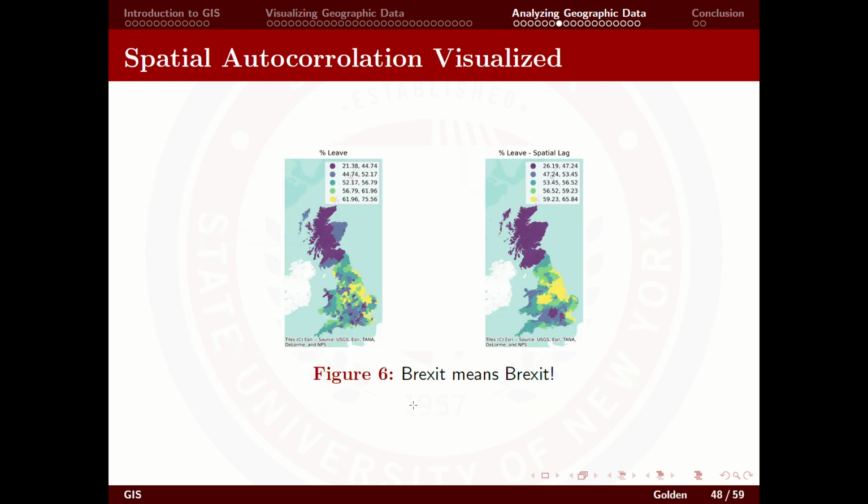And then this was the Brexit map. You can notice that percent of leave is pretty spatially correlated. London on this map was very anti-leave.